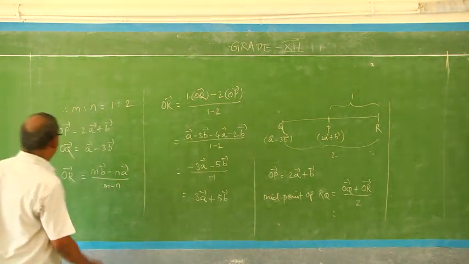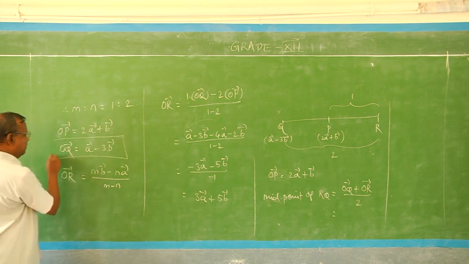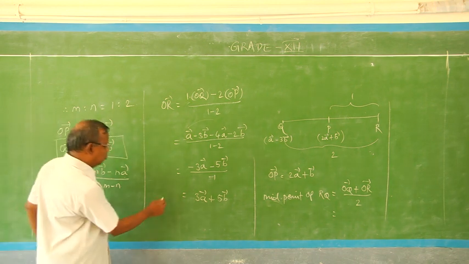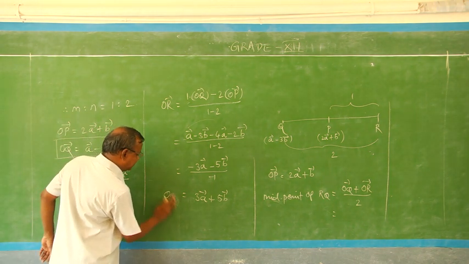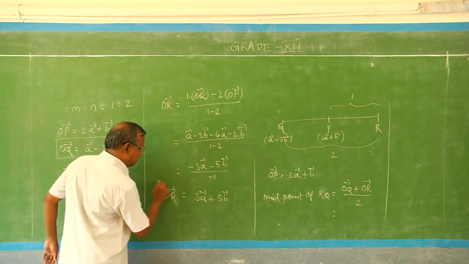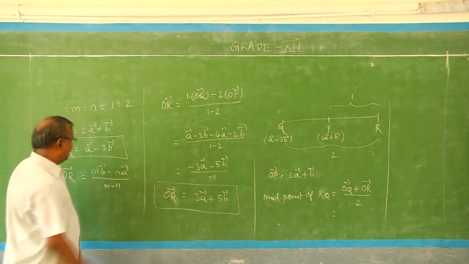Now we have OQ vector as a minus 3b vector and OR vector is given by 3a vector plus 5b vector.